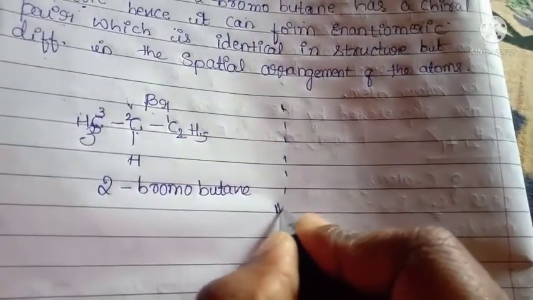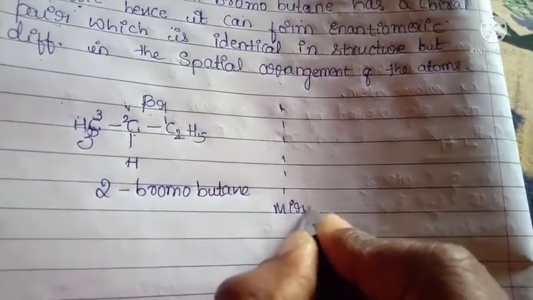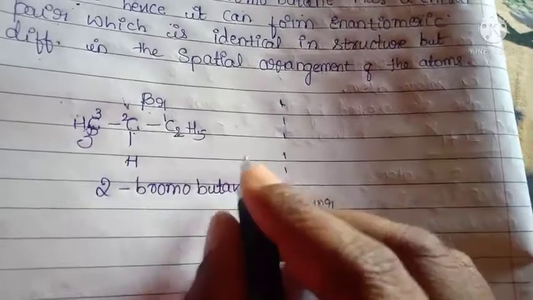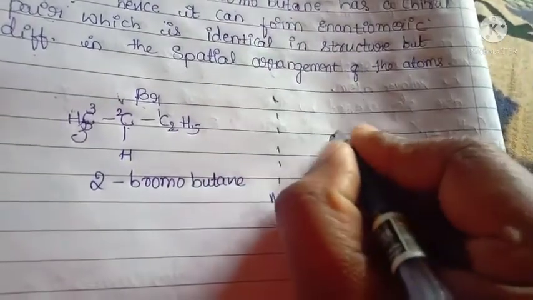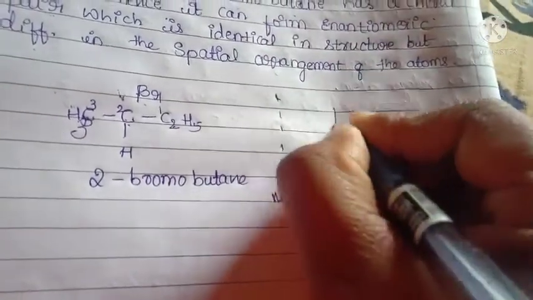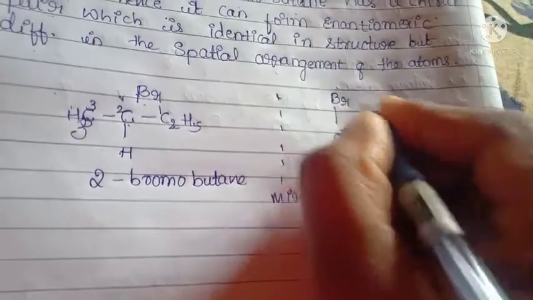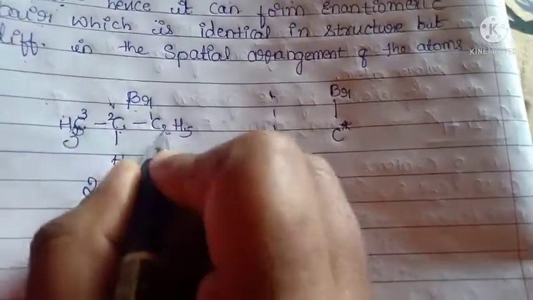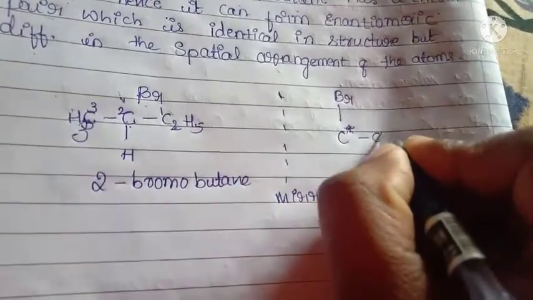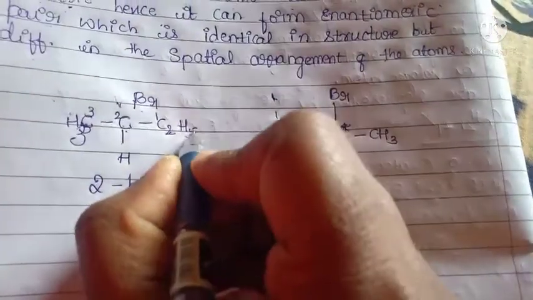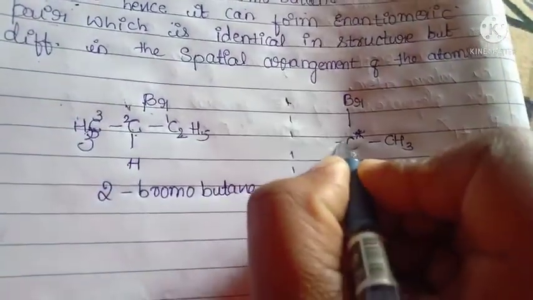Okay, when we put a mirror to this compound, it looks like this: the CH3 comes to the right side, the C2H5 goes to the left side.